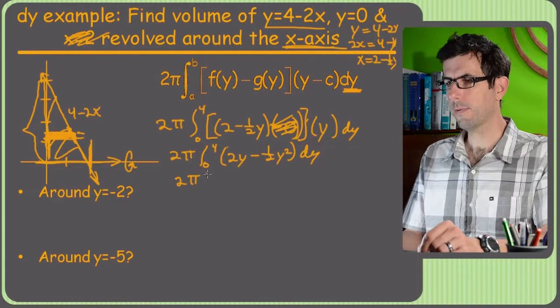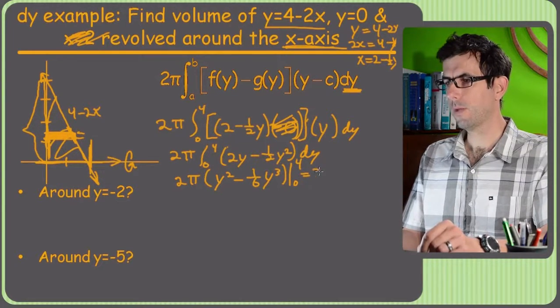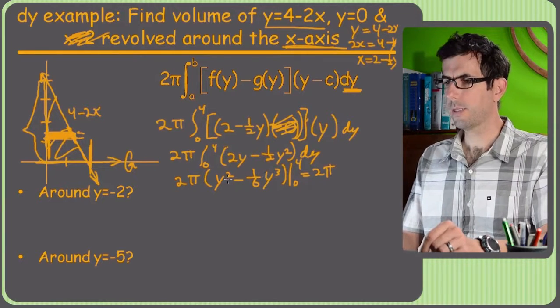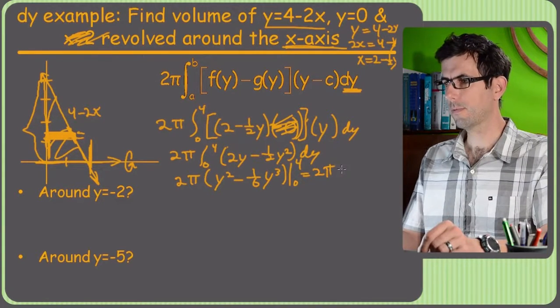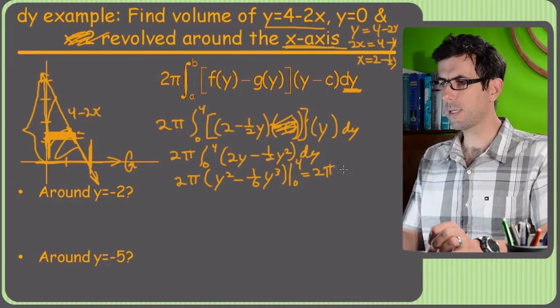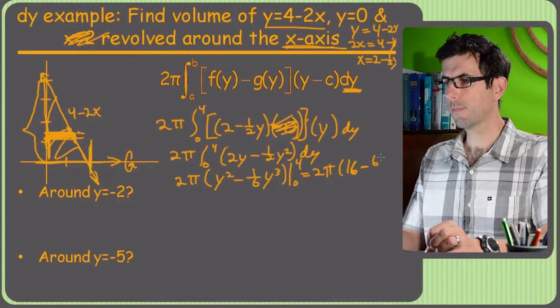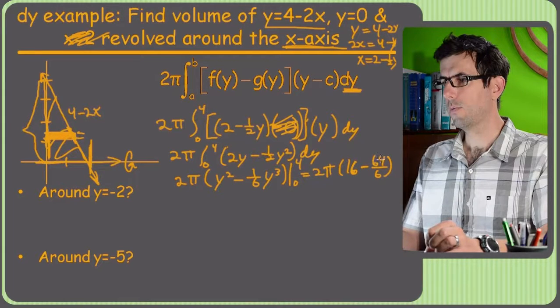So that's 2 pi times y squared minus 1/6 y cubed from 0 to 4, which equals 2 pi times, that's not right, sorry, 16 minus 64/6, which reduces to 32 thirds.